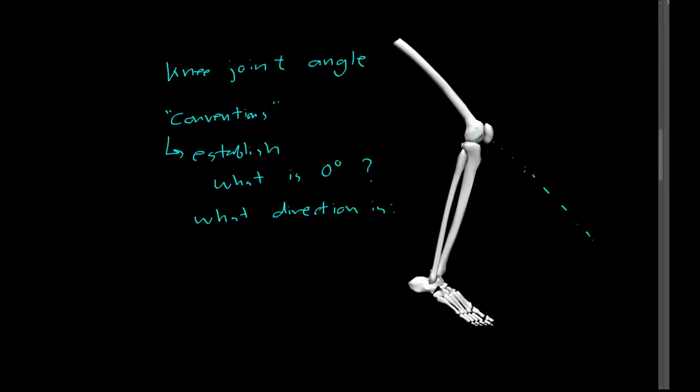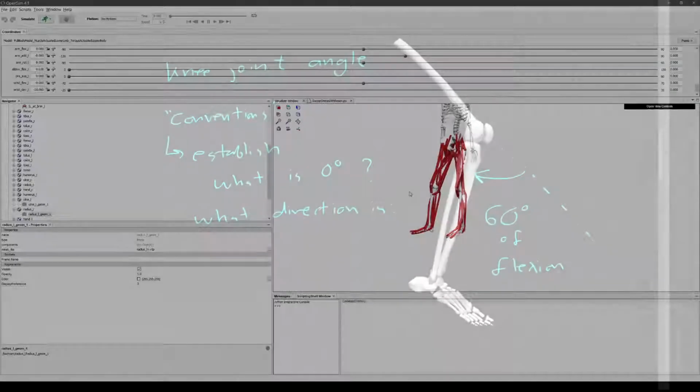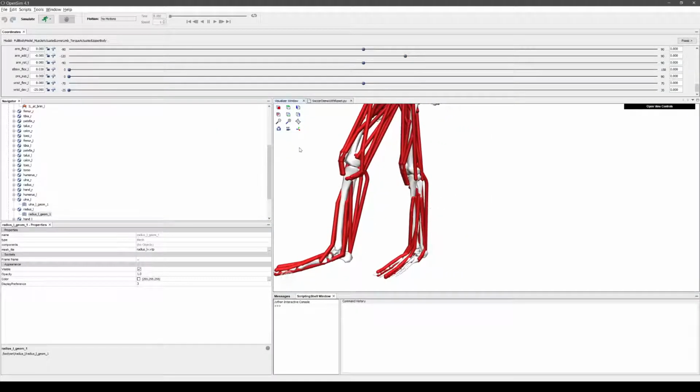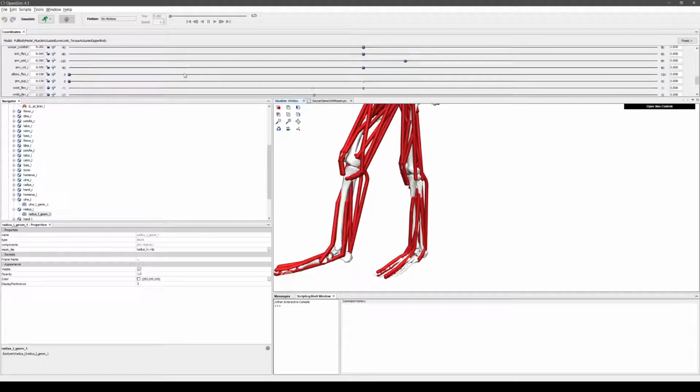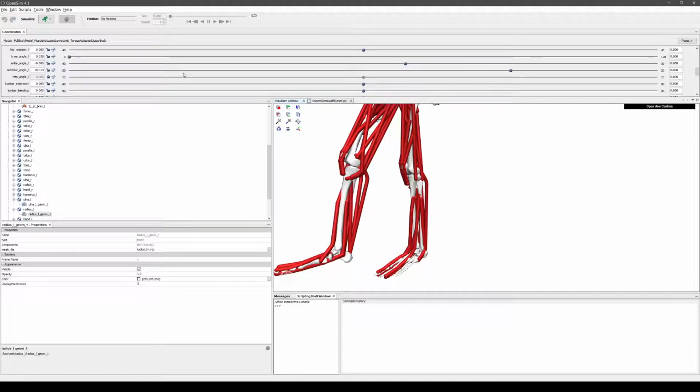Then we would say, okay, this knee is at 60 degrees of flexion, right? And that actually happens to be the convention that's used over here in OpenSim. You will notice that if I go up to, let's say, the left knee angle, it's at 0 degrees. And then if I increase it, that's moving in the direction of flexion.